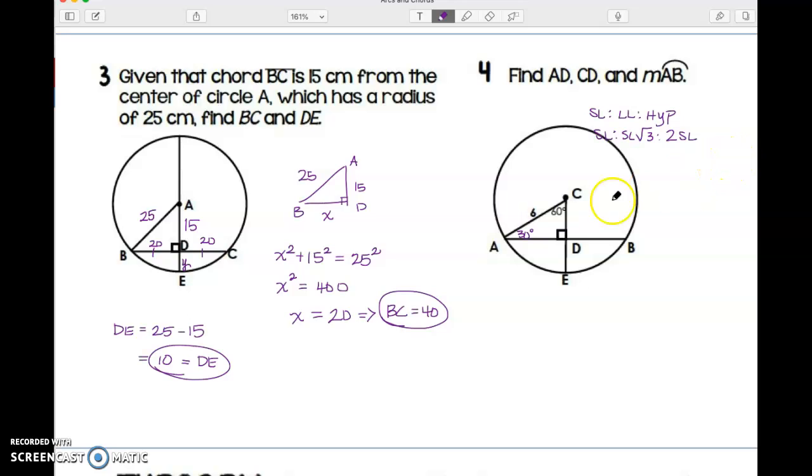So if the hypotenuse is 6, the short leg across from the 30 has to be 3. The longer leg is going to be 3 radical 3.